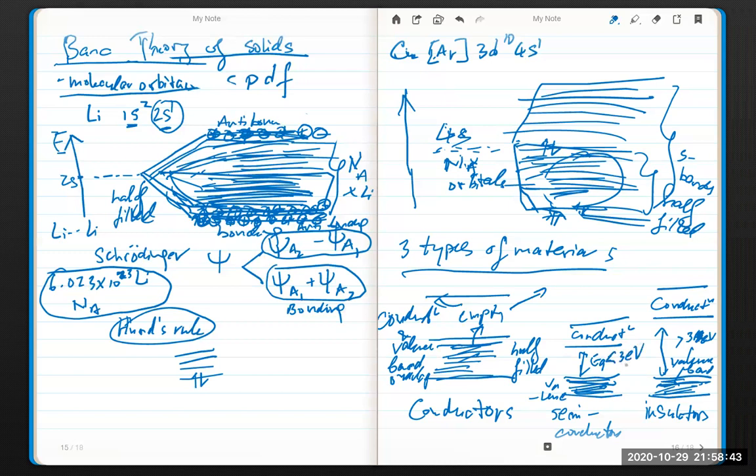Silicon is about 1.1 electron volt. So even thermal energy can make some of the electrons jump up, and it becomes conductive. So hopefully you understand a little bit of that. I'll move to the next one.